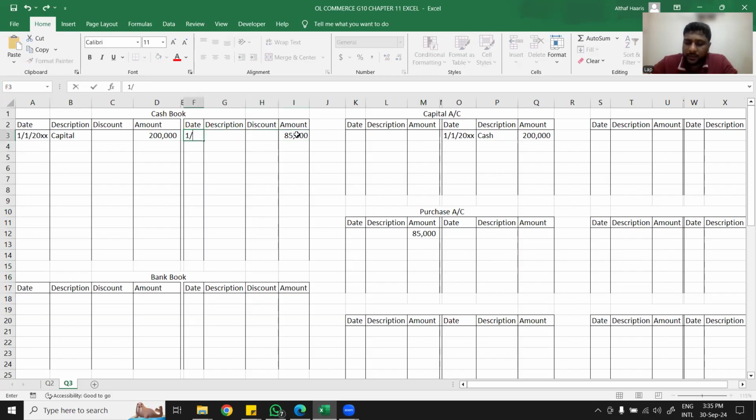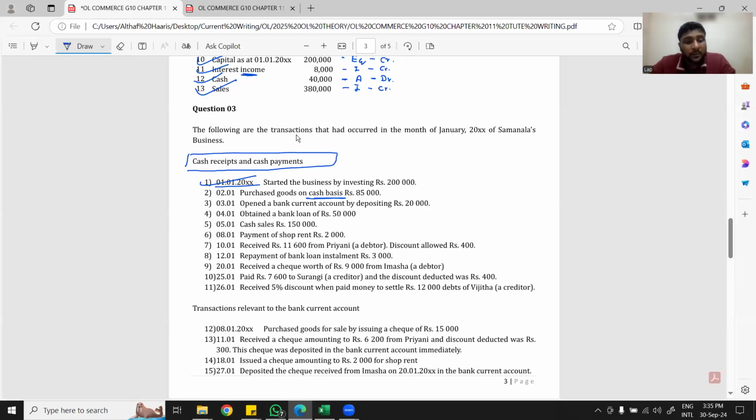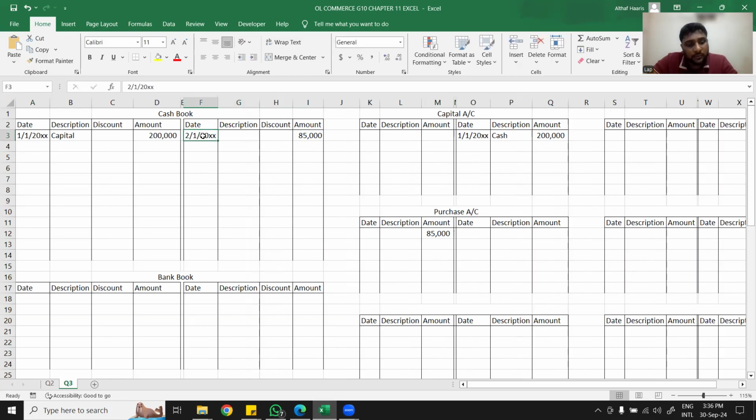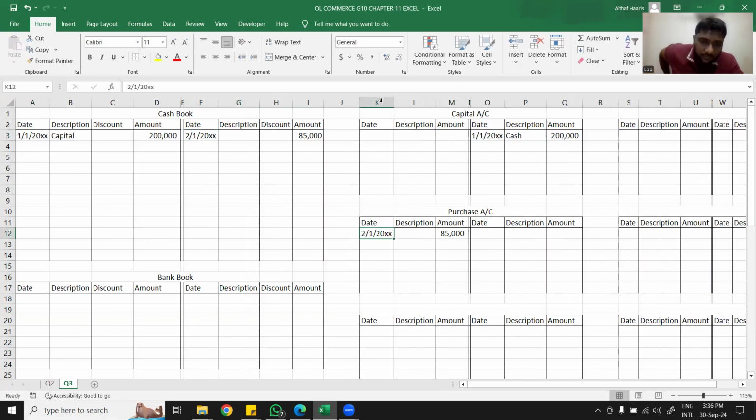The date is 2nd January 20XX. Here you can write purchase and here you can write cash.